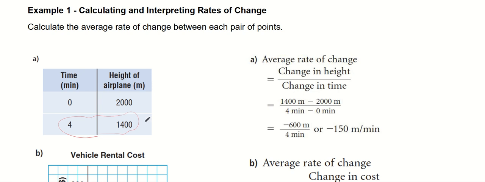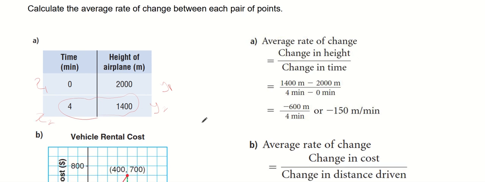This is your y2, and this is your y1, which you have here, y2 minus y1, and over here is x2 over x1. The second point is always ahead of the first point.